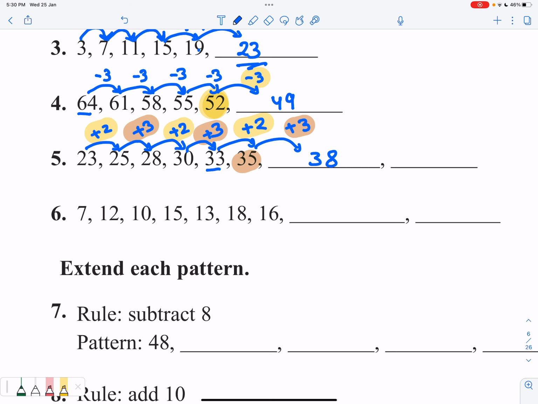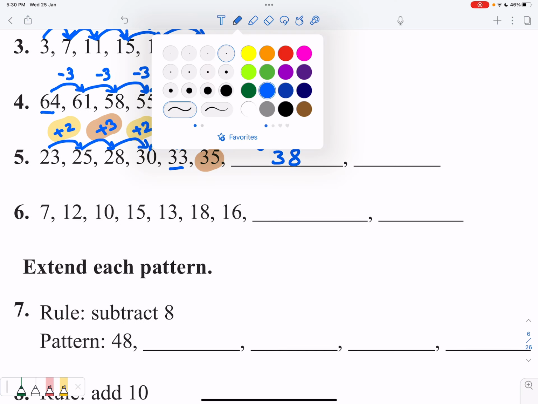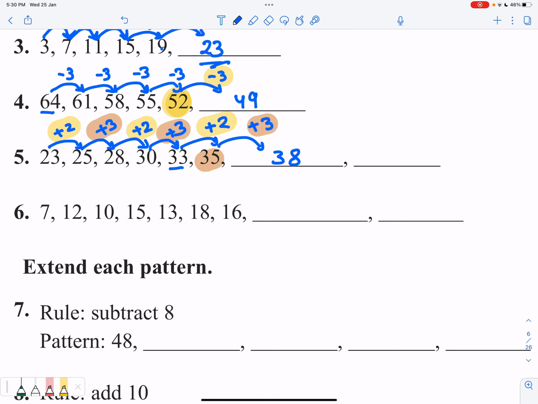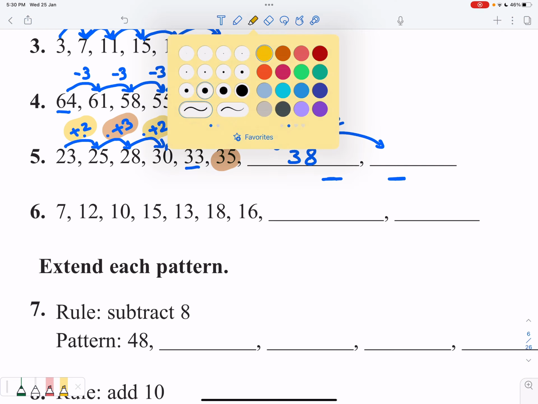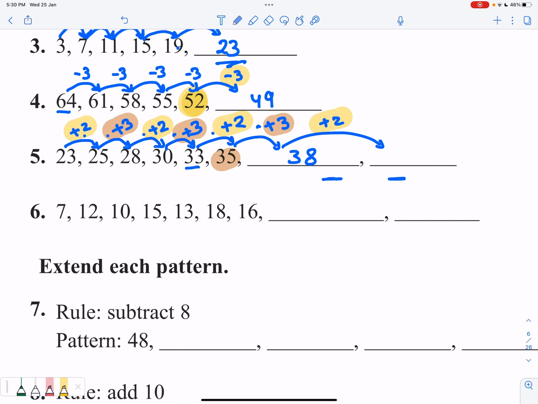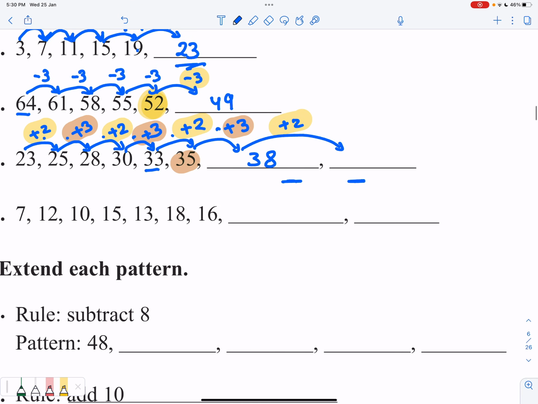And after we get that, we need to also continue extending the pattern, since here we have 2 places to fill. So from the 38, we need to add something. Of course, here we're adding 2, 3, 2, 3, 2, 3. So we need to add 2 here. So 38 plus 2 is equal to 40.